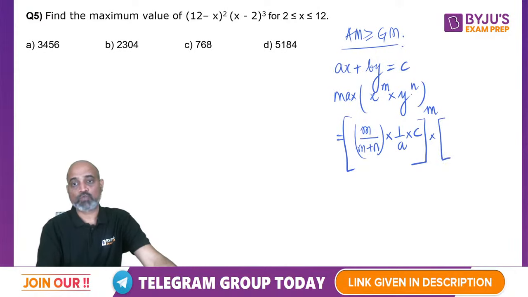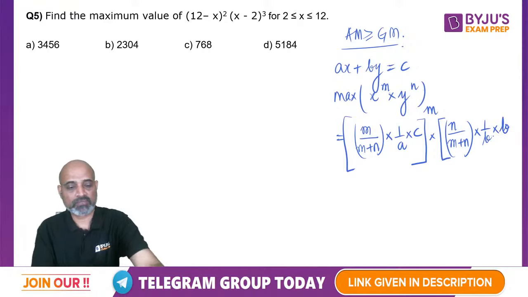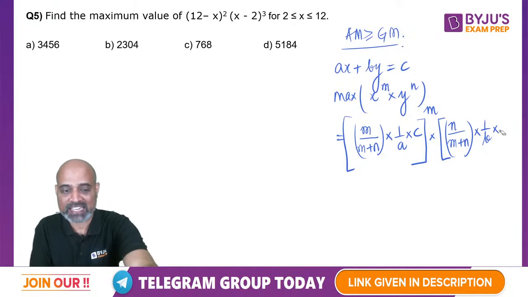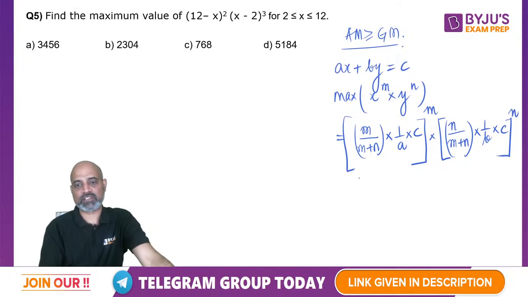Next, what is the power of y? n. So you write n divided by m plus n into, the coefficient of y is b, so you write 1 by b into c, and the power n is given. So you give the power n.